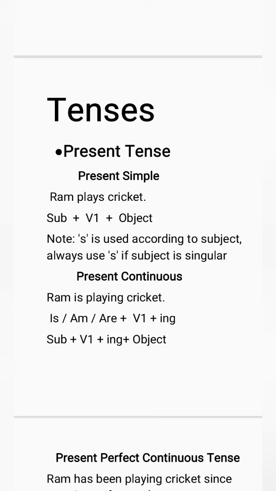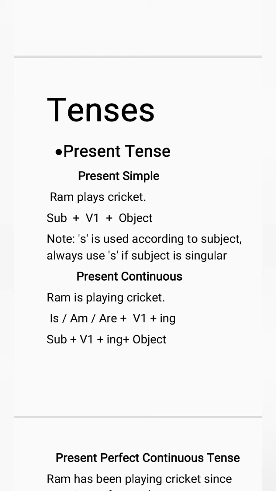And we have to remember one thing, that if the subject is singular and if it is third person, we have to write s to the verb. If the subject is not singular, if it is plural, we have to write the verb as it is. No need of using s to the verb.